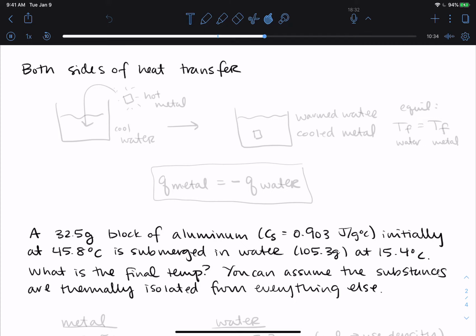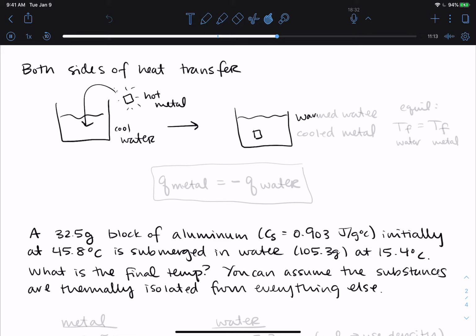Most of the time, we are taking, say, a hot piece of metal and putting it into a container of cooler water. So we've got cool water and this piece of metal, and we'll show the heat radiating off the metal, and then we dump it in the water. And what we end up with is water and our piece of metal.